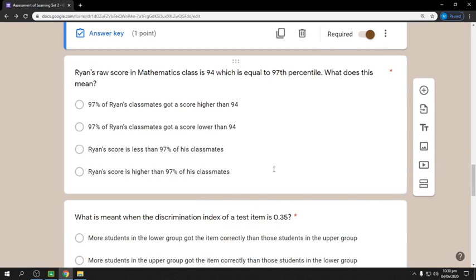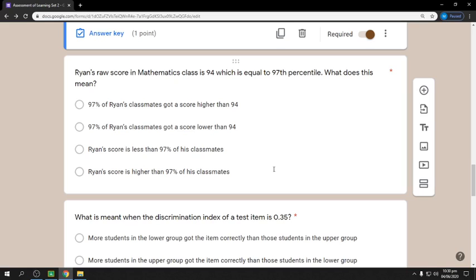Ryan's raw score in mathematics class is 94, which is equal to the 97th percentile. What does this mean? Percentile, by the way, is different from percentage. So do not confuse these two terms. Option 1A, 97% of Ryan's classmates got a score higher than 94.